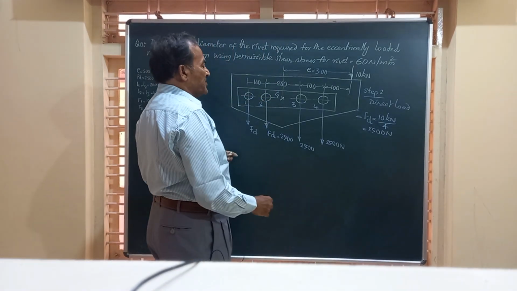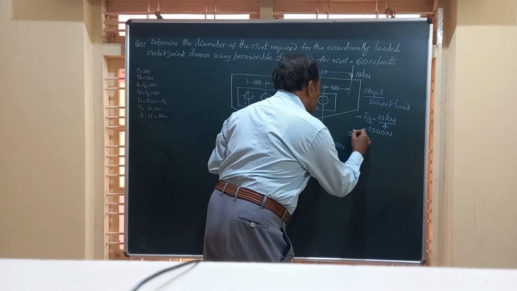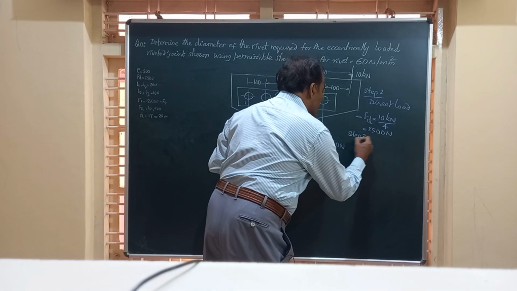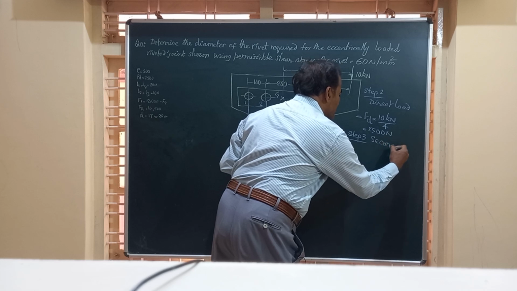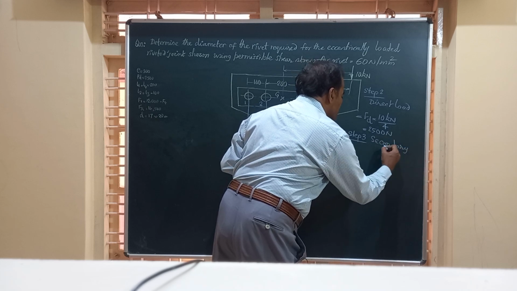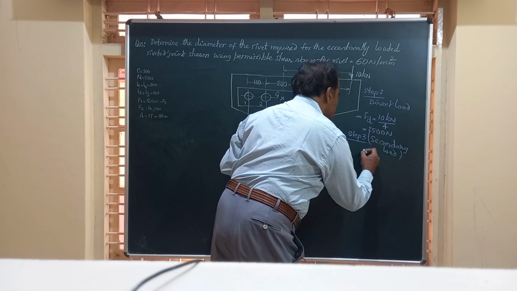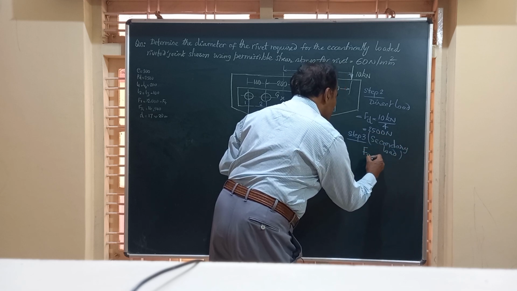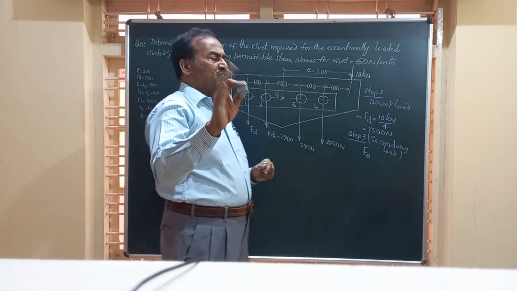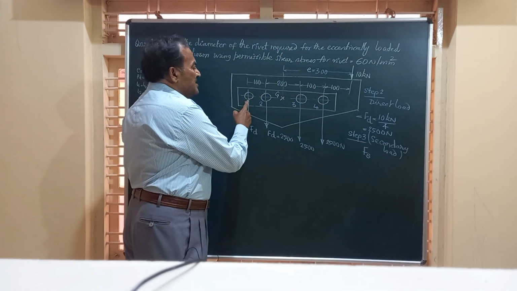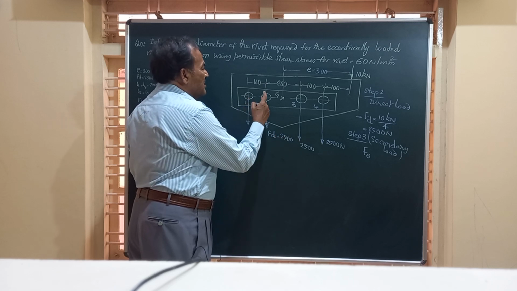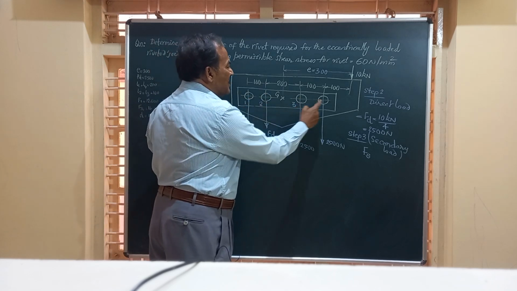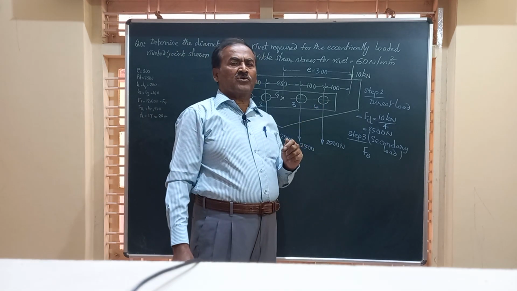Now friends, in step number 3, we are going to find out the secondary load due to eccentricity, which we call FS. There are 4 rivets; we will say the secondary load at rivet 1 is F1, at 2 is F2, at 3 is F3, and at 4 is F4.